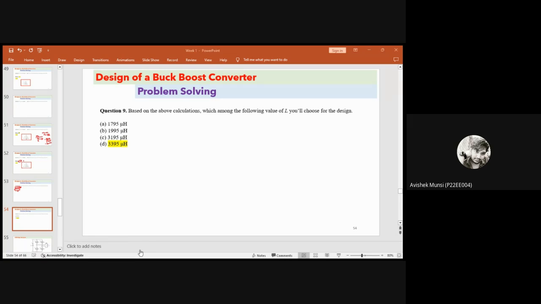Sir, what about boost converter design? Will you be taking the next session? Sorry, you asked me to solve the boost converter also. Yes, sir. We need the different specifications for boost converter.